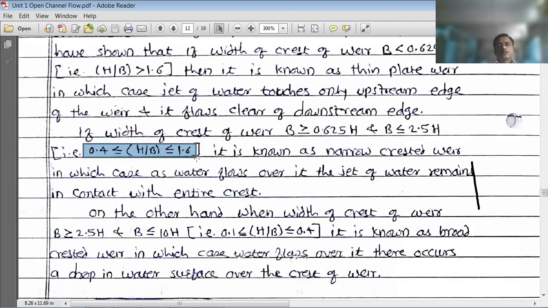If H by B, that is the head to width ratio, has now reduced here, earlier it was more and now it has decreased a bit, greater than or equal to 0.4 but less than or equal to 1.6, then it is known as a narrow crested weir.